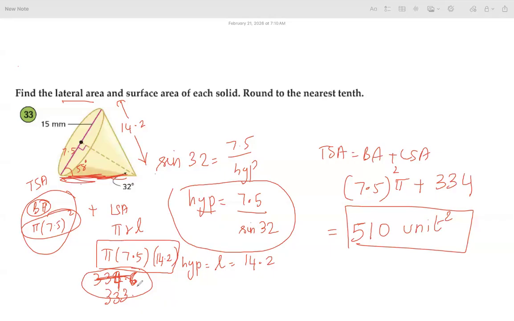It cannot be 330. And for 7.5, I just squared it completely. I think I got like 52 or 56. That is fine. So the final answer is what? I got 498.3. Okay, let's see.